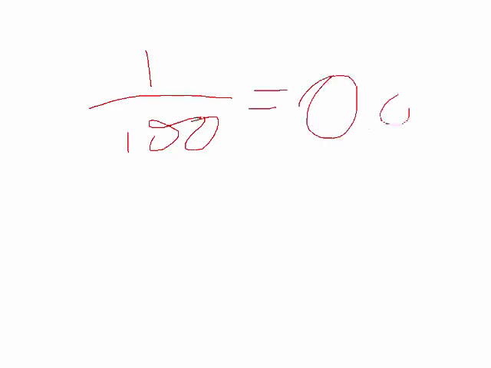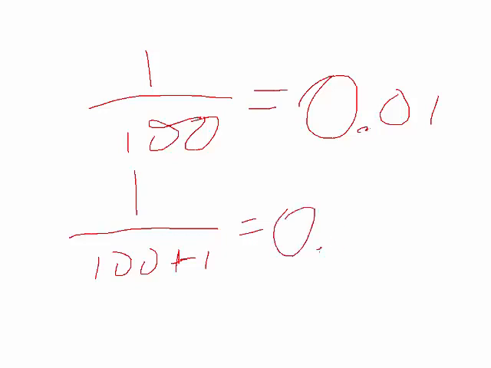So, if you have a fraction, let's say your fraction is 1 over 100. That's going to be equal to 0.01, right? What if you have 1 over 100 plus 1? What is that? Well, I can tell you it's 0.0099 something. Would you say these two numbers are approximately equal? I would say yes, they're approximately equal.